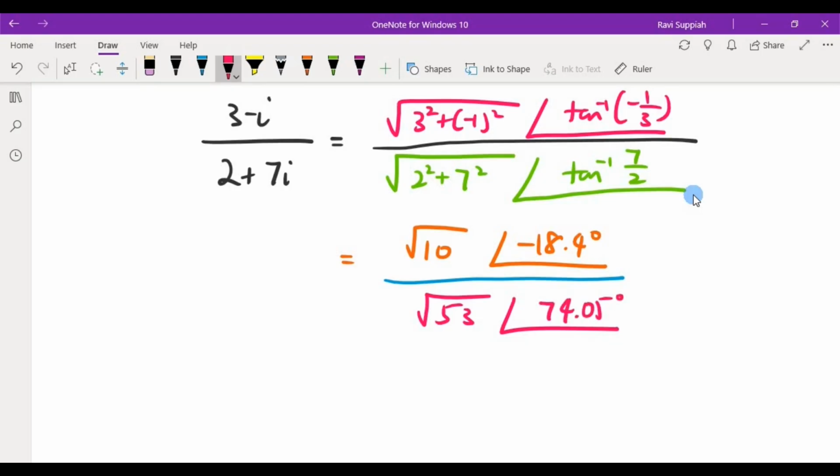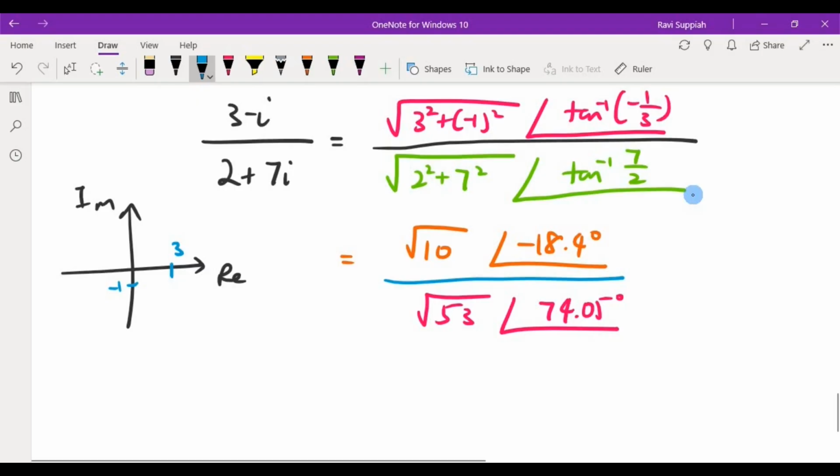74.05 degrees. So the numerator part, as you can see, is a negative angle, so we need to do the analysis. So let's draw the complex plane. So this is the real axis, imaginary axis. So 3 is here, minus j is minus 1 here.